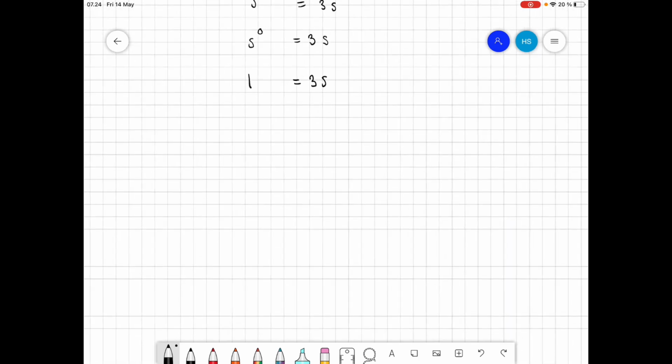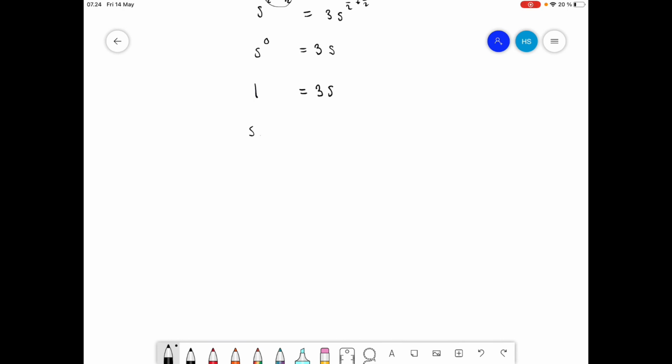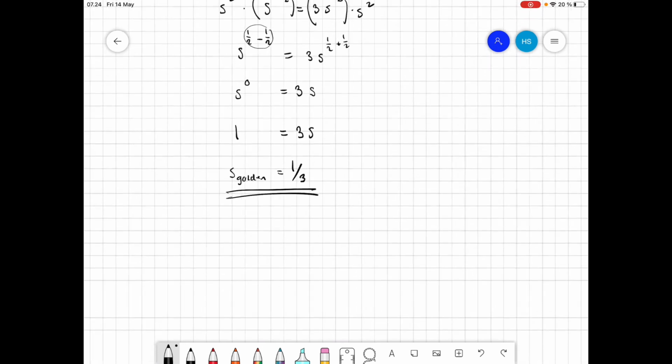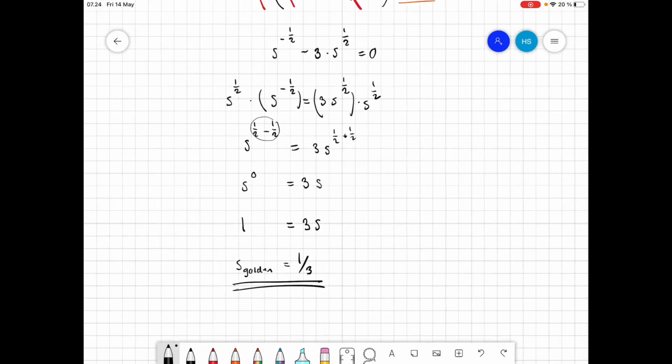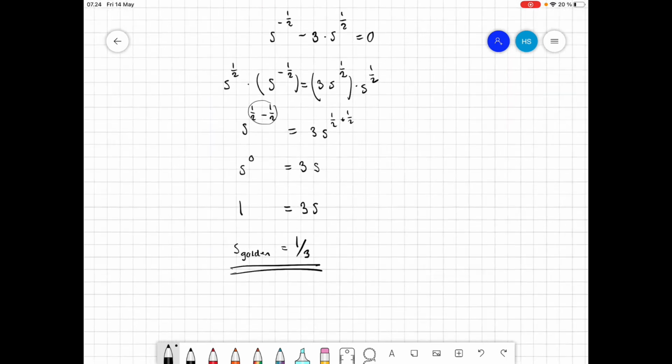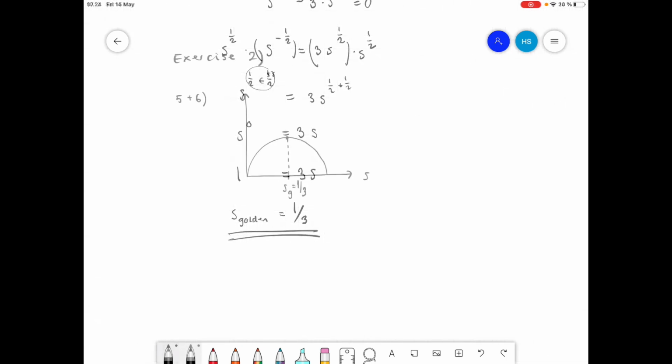On the right hand side we have 3s, so the golden rule savings rate must be equal to 1/3. In other words, if the savings rate is equal to 1/3, consumption is maximized.